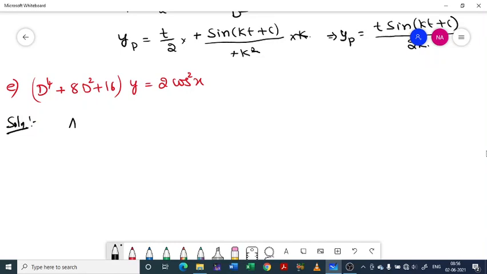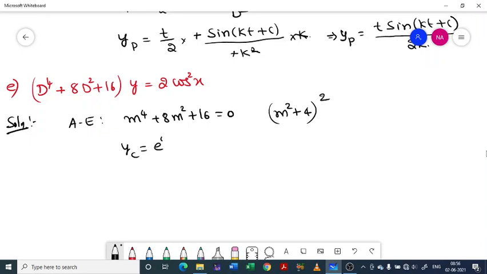Solution: the auxiliary equation is m power 4 plus 8m square plus 16 equal to 0. You can observe that this is m square plus 4 whole square. So the solution YC will be C1 e power 0 into x.